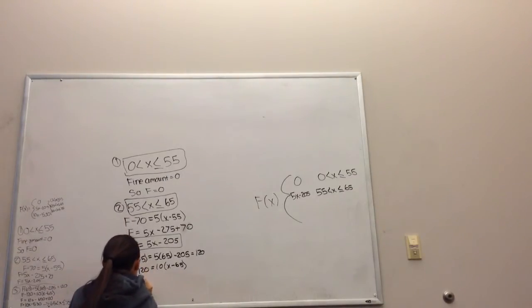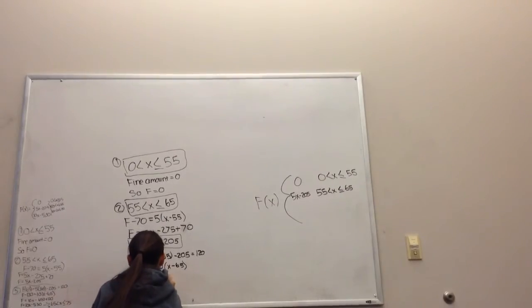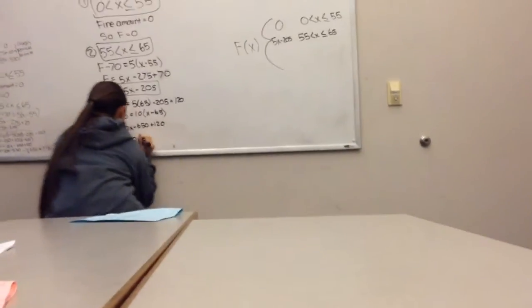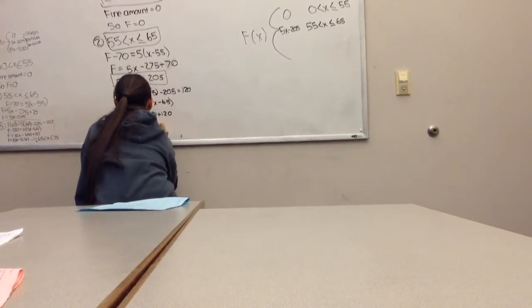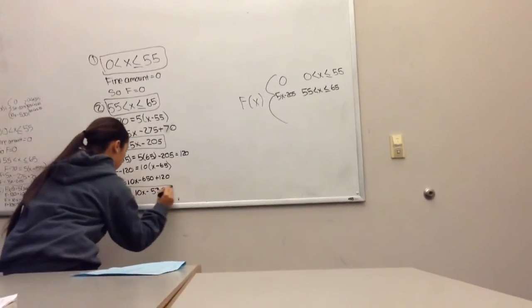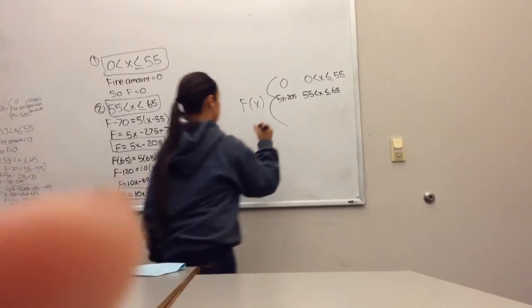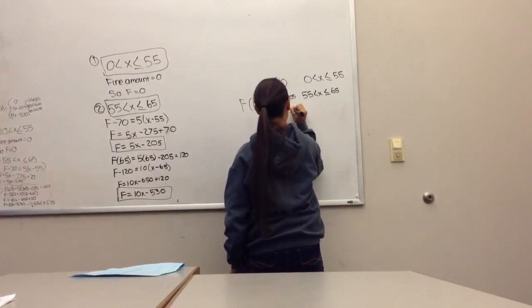So F equals 10x minus 650 plus 120. So F is going to equal 10x minus 530. So this is our last and final equation. So it's going to be 10x minus 530.